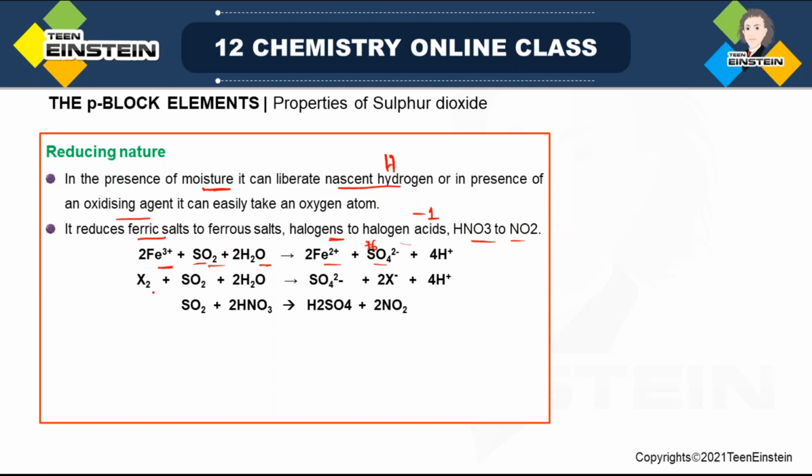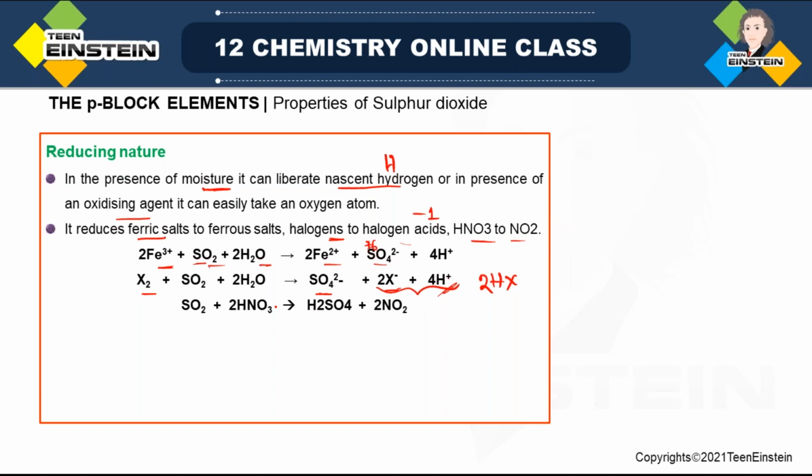And next reaction is halogen. Halogen is converted to X-, that means it is actually halogen acid, but we have written it in dissociated form. H+ is also there, so if you take 2H+ from here, it will be 2HX, and another 2HX that will be in SO4 2-.